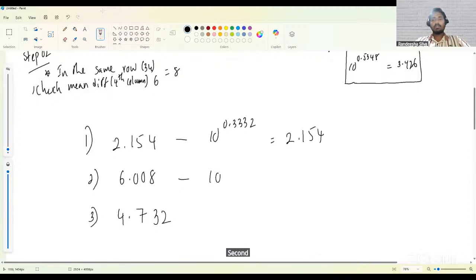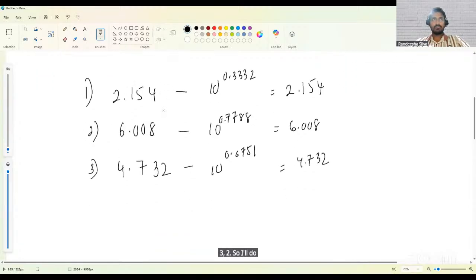Second one, 10 to the power 0.7788 equals 6.008. This should be 10 to the power 0.6751, it's 4.732.